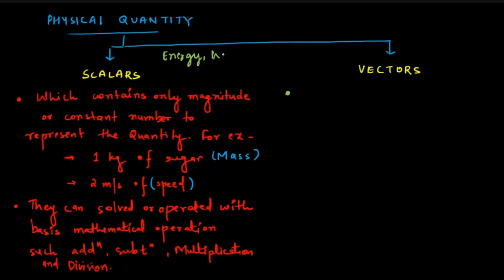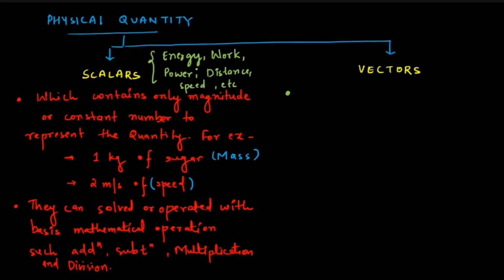We talk about work. Here, work in physics is completely different from what we used to understand in real life. Similarly, power is again a scalar quantity. Distance is again a scalar quantity. We talk about speed and so on.